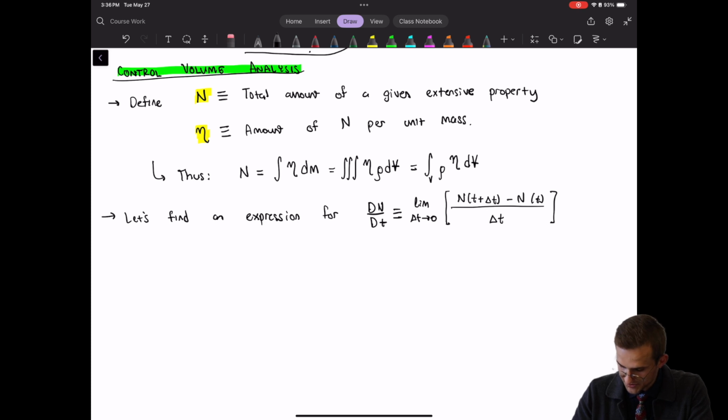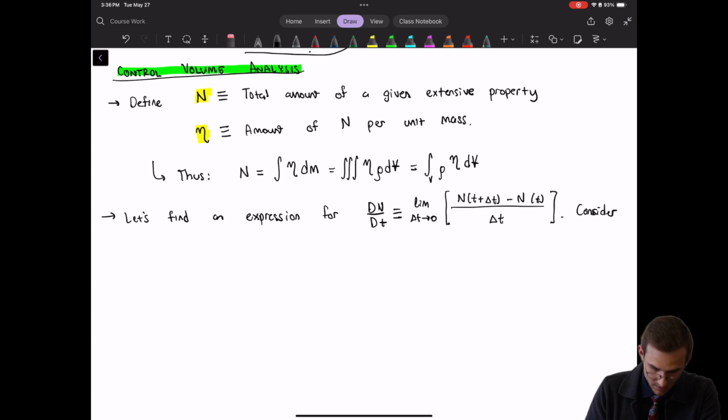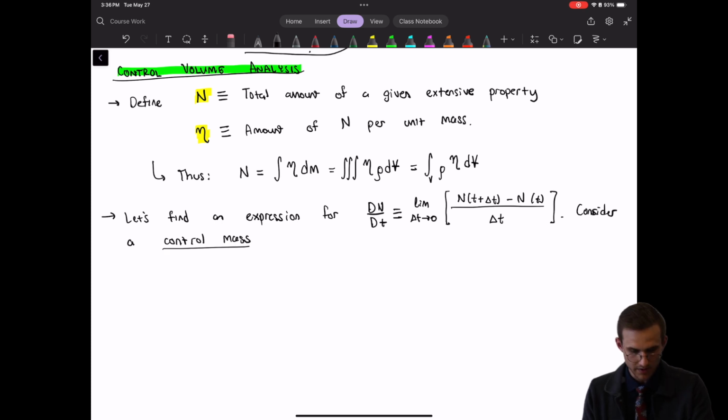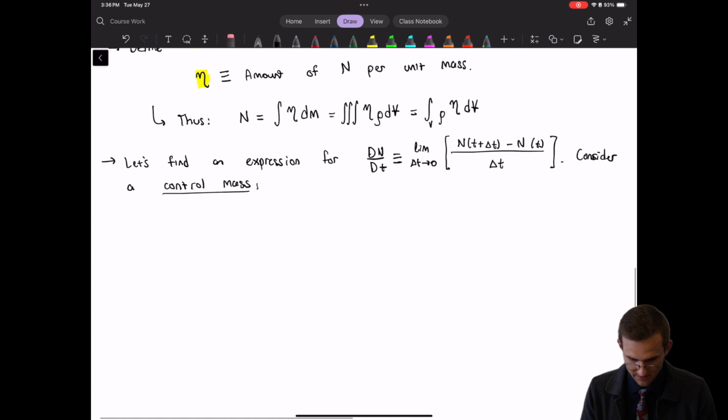So what we're going to do to develop this is we're going to consider a control mass. Okay. Just kind of a blob of material.